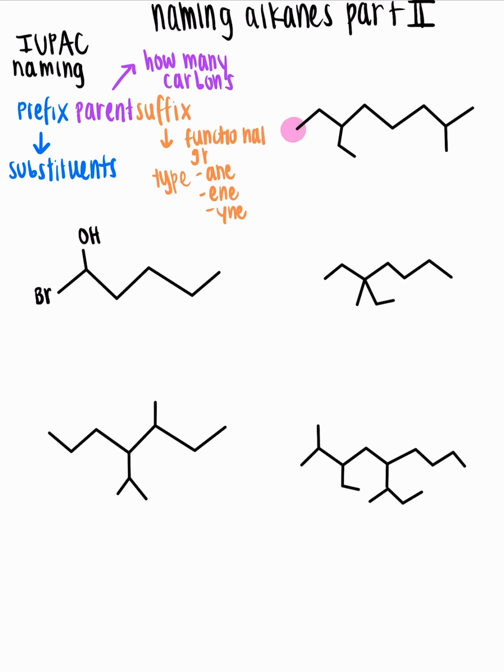If you count 1, 2, 3, 4, 5, 6, 7, 8, that's one option. You can do 1 through 8 again, that's another option. You can do it another way, that's another option.